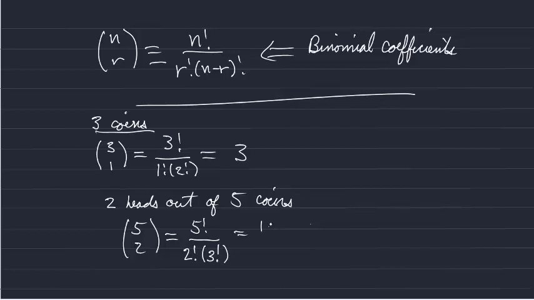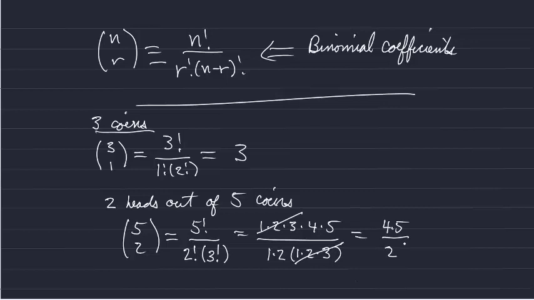And we could just write these out, and we can cancel out some terms, and we're left with 4 times 5 over 2, and that's equal to 10. So there are 10 ways of getting 2 heads out of a toss of 5 coins.